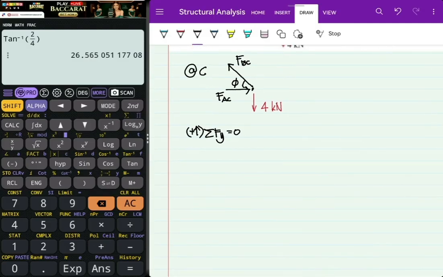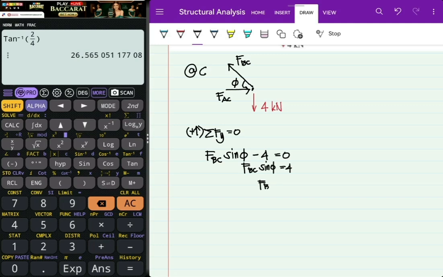So for this case, assuming going up is positive, this is force BC sine phi minus 4 kN is equal to 0. So force BC sine phi is equal to 4.